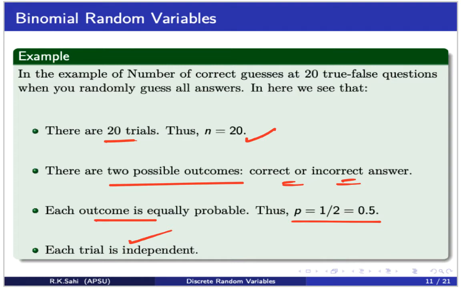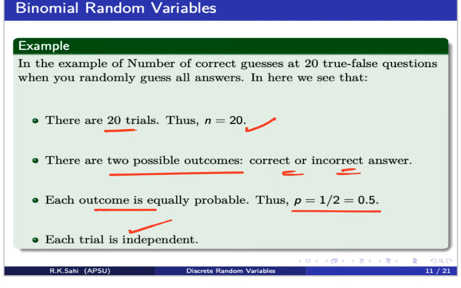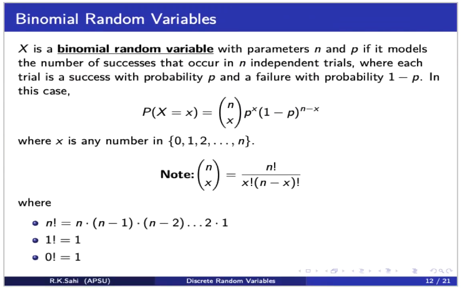That's what it means. Okay, here's the formal definition of a binomial random variable. We say X is a binomial random variable with two parameters n and p if it models the number of successes that occur in n independent trials, where each trial is a success with probability p and a failure with probability 1 minus p.